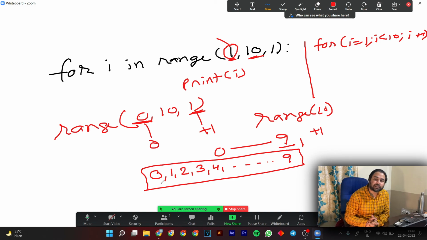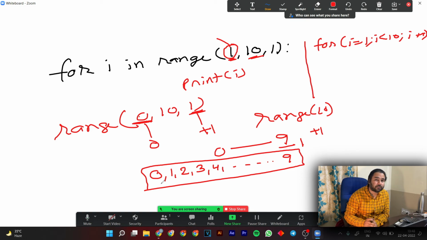The same logic applies here as we know from C++ and Java: while is basically used when we do not know the number of iterations, that is the starting and ending point, but we are running the loop until the condition is false. If this is in our mind, then the while loop is perfect.